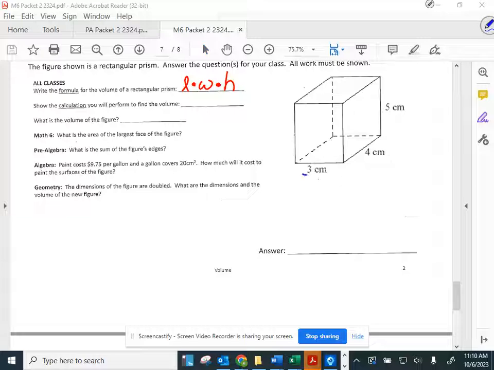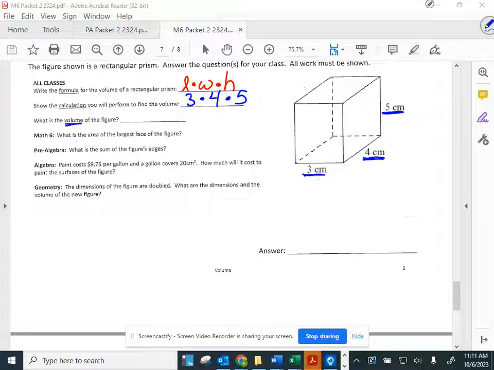So this is our length, this is our width, this is our height. So when it says what calculation will you perform, length of 3 times our width of 4 times our height of 5. So that's your calculation. That's what you're going to put into your calculator. You have to write it.